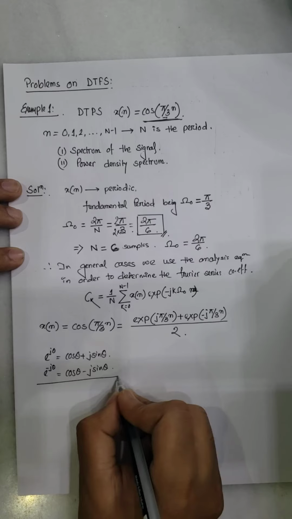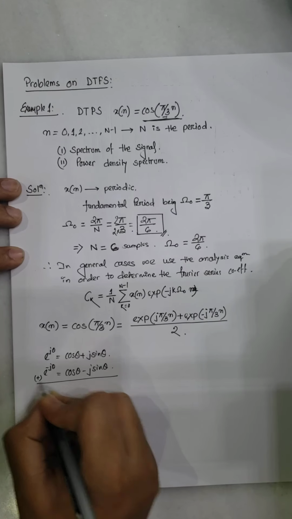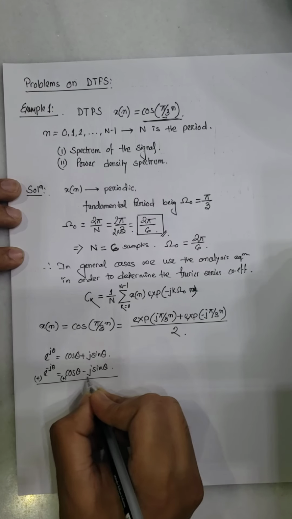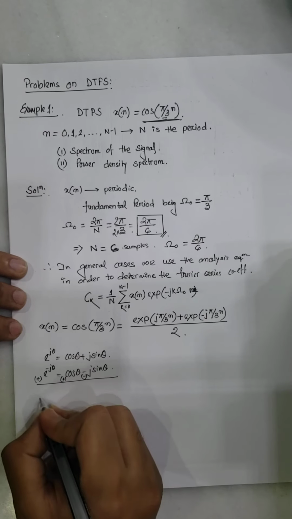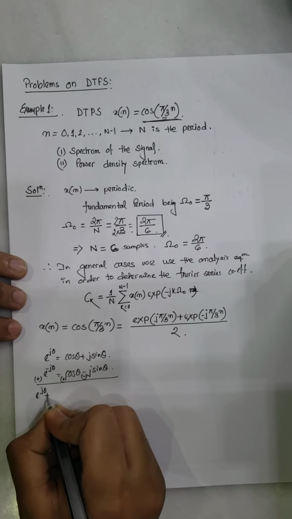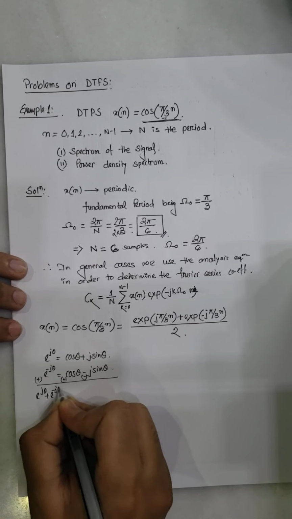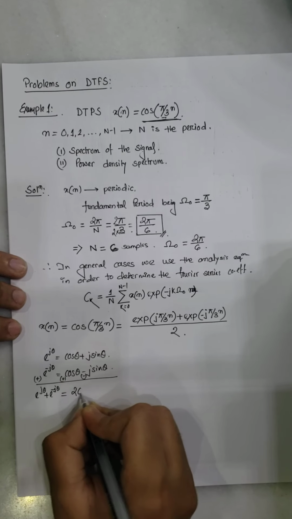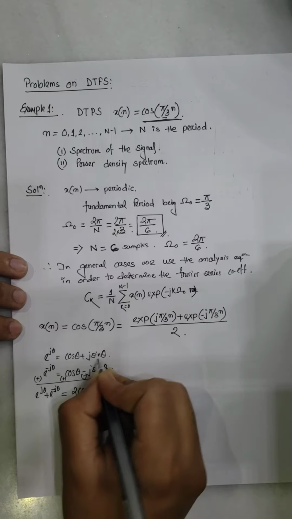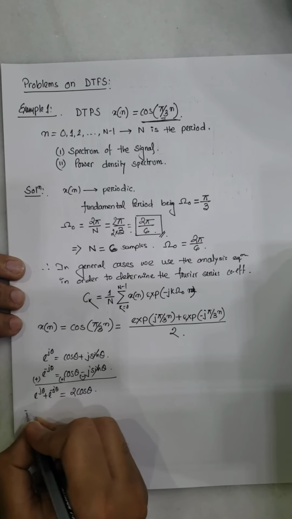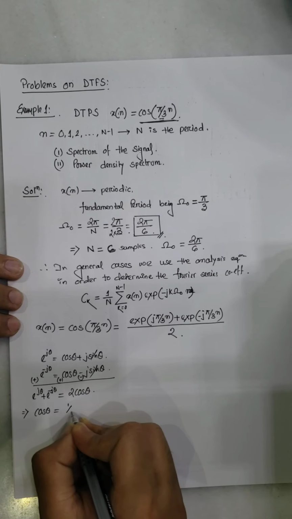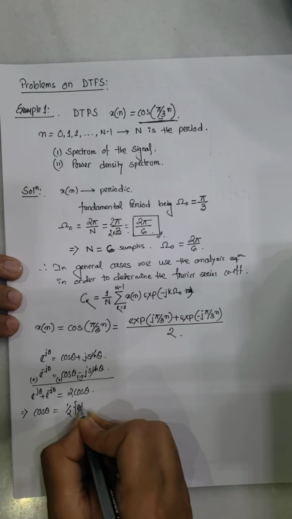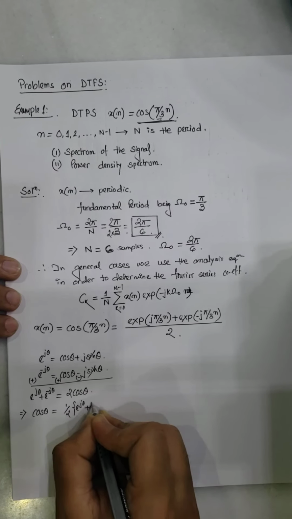In order to determine the value of cos theta, let us add both the expressions. This is e to the power j theta plus e to the power minus j theta, twice cos theta. The sine terms cancel each other, and consequently we get cos theta equal to 1 over 2 times e to the power j theta plus e to the power minus j theta.